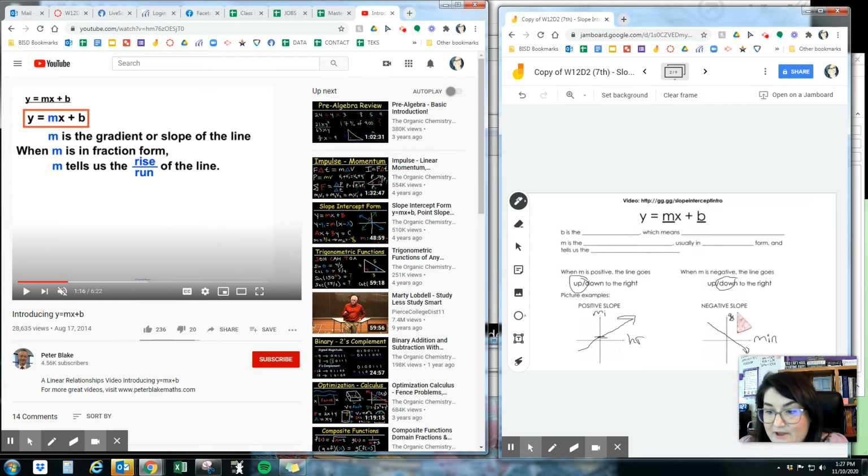We could label that in inches. So let's say when you start at 0 minutes, your sink has 5 inches of water in it. As time goes on, as the minutes increase, the number of inches that are in the sink are going to decrease. That would be a negative slope, and your line is going down to the right.